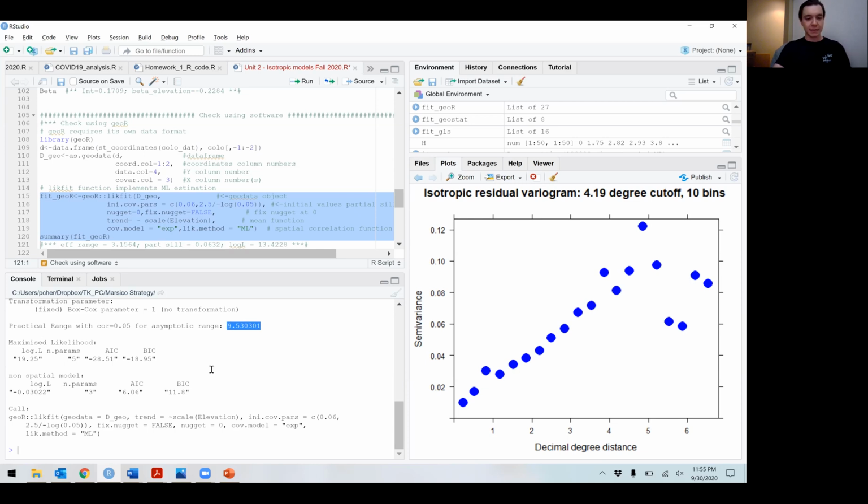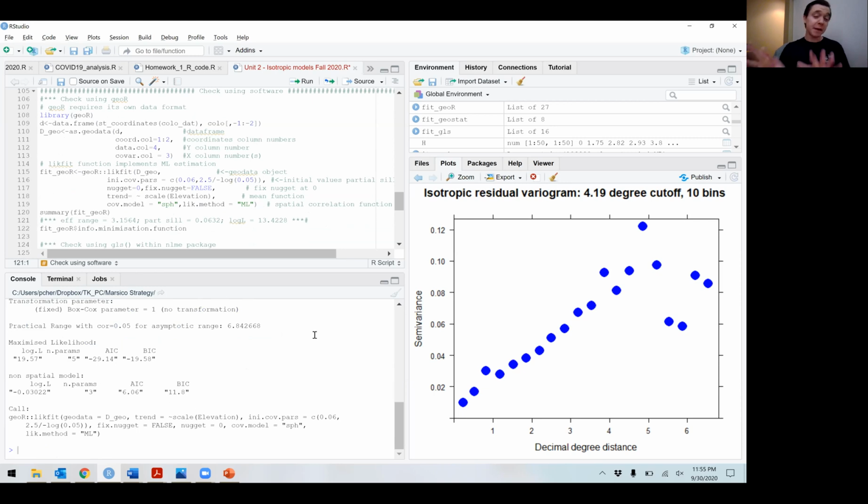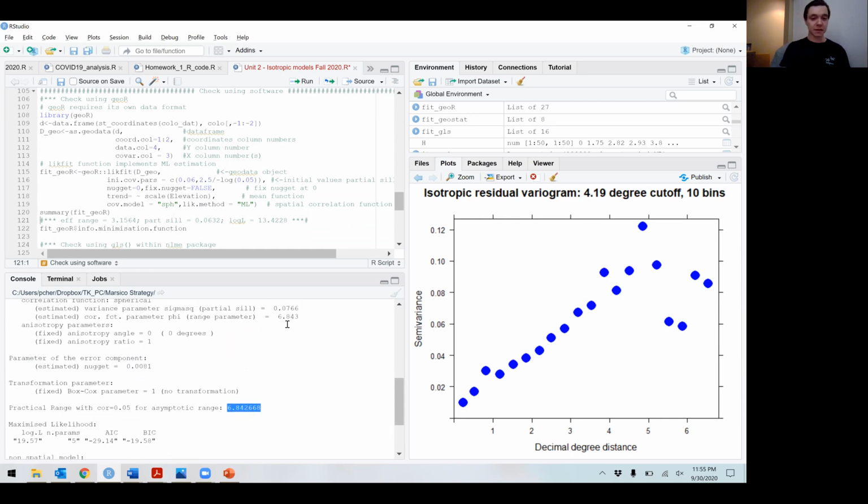If I re-estimate my spherical model, looking at my variogram, I think that 6.8 for the range, and I know it's the range because it's a spherical, is a more reasonable estimate for the distance at which data become independent. I'm saying that because I'm triangulating what I have on my screen with what this model produces. In spatial statistics, we have to do this quite a bit, making sure that models are not lying to us, if you will.